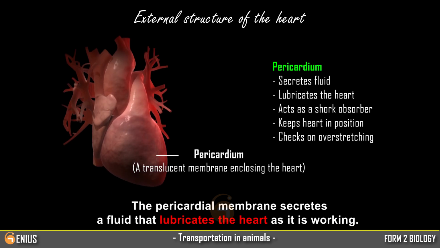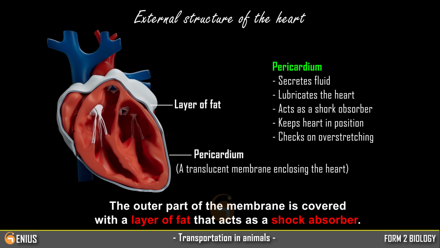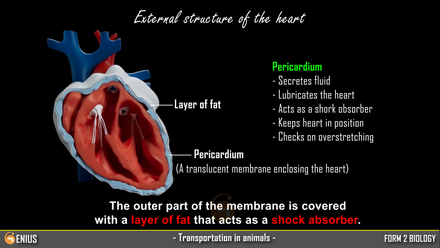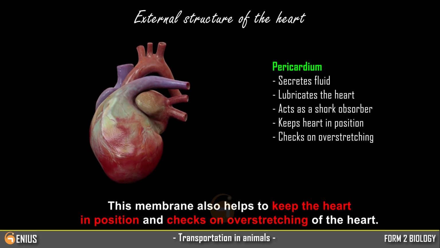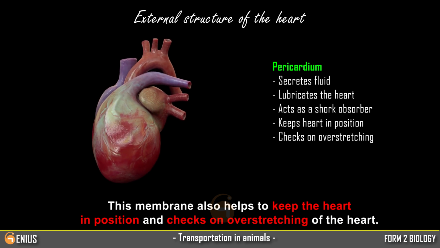The pericardial membrane secretes a fluid that lubricates the heart as it is working. The outer part of the membrane is covered with a layer of fat that acts as a shock absorber. This membrane also helps to keep the heart in position and checks on overstretching of the heart.